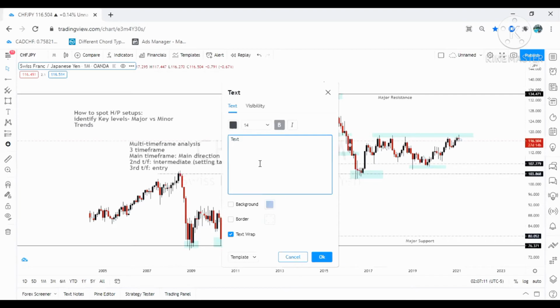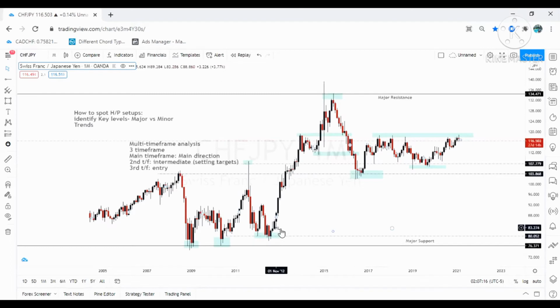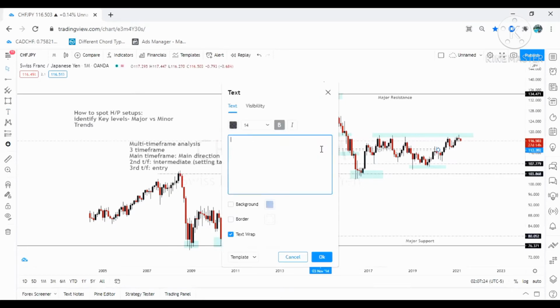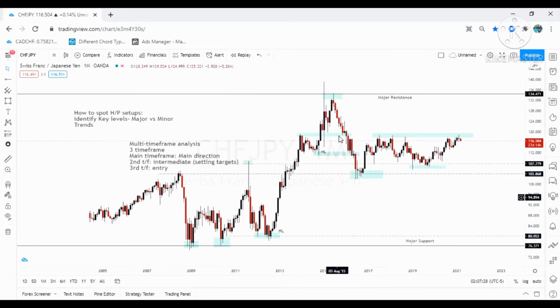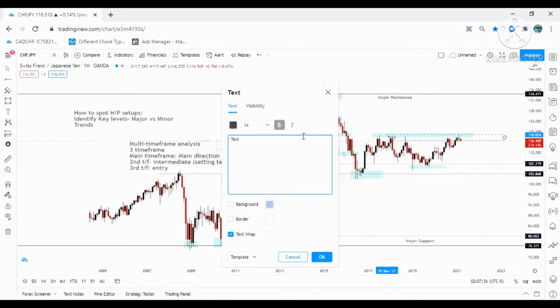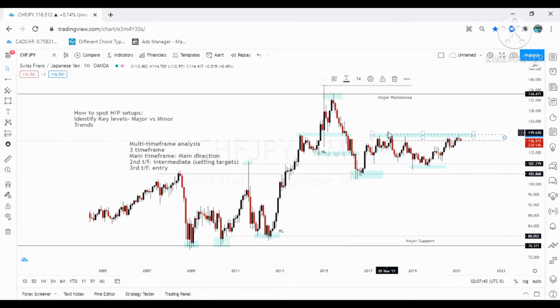Sorry, it's not a lower high, but it's a higher low. So this became a lower high. Why? Because this high is lower than this previous high.